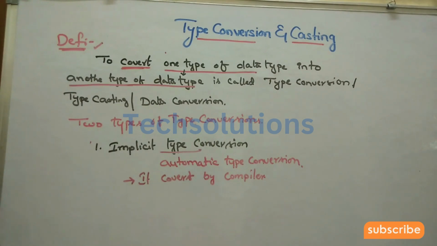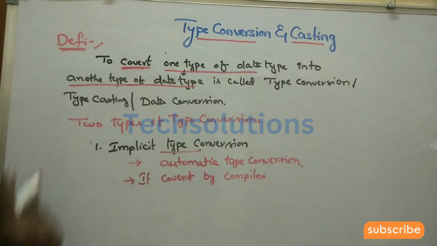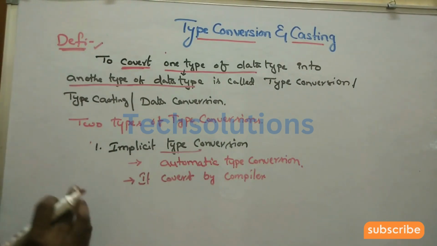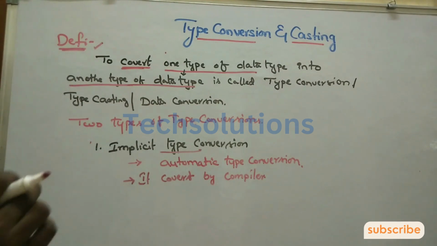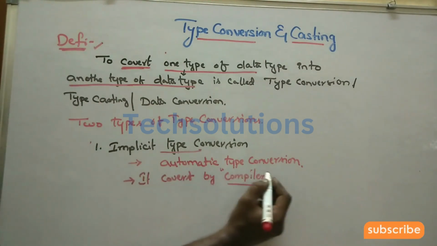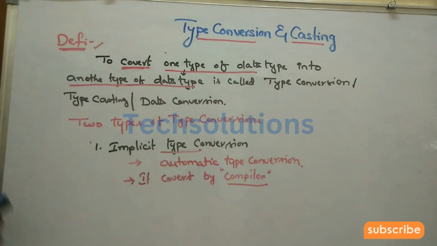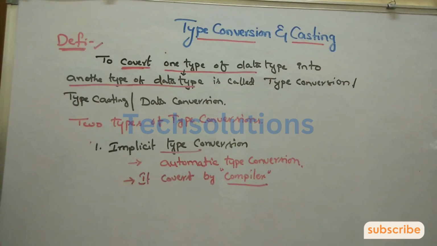That means there is no involvement or intervention by the programmer or user. The system will convert automatically from one data type into another data type. Who does the conversion? The compiler, by itself.